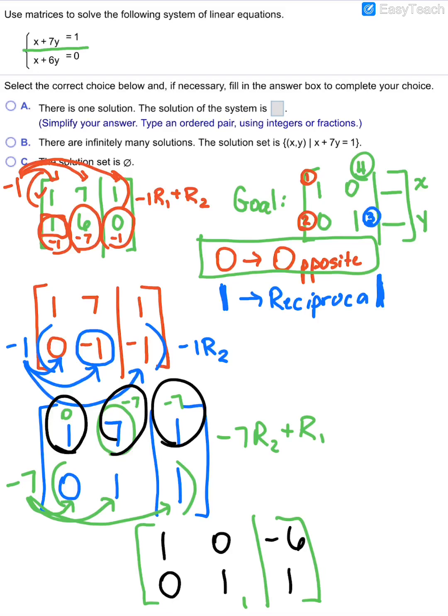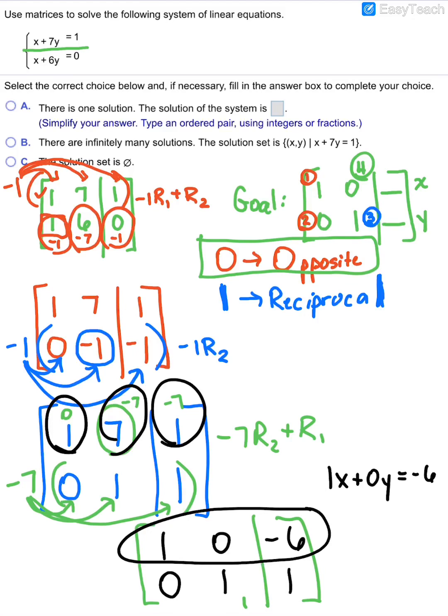And now if you translate this augmented matrix back into equations, notice that on this first row, you would have a 1x plus a 0y is equal to negative 6. Well, that just simply says x is negative 6. On the second row, you would have a 0x plus a 1y is equal to 1, and that would just simply say y is equal to 1.